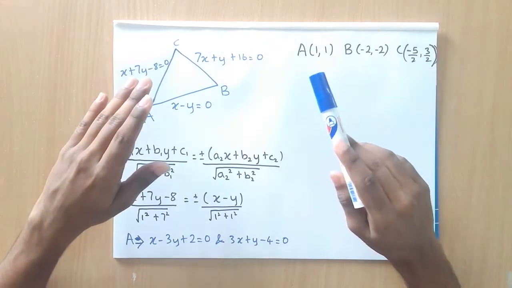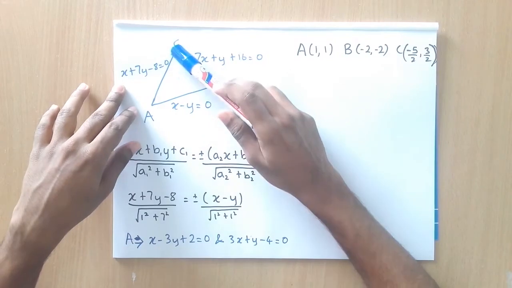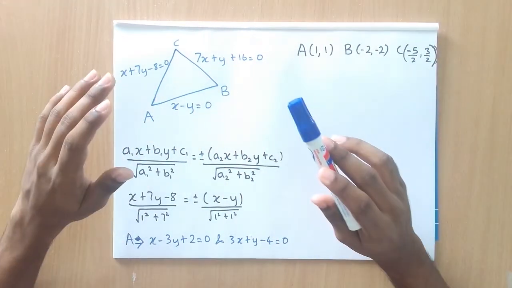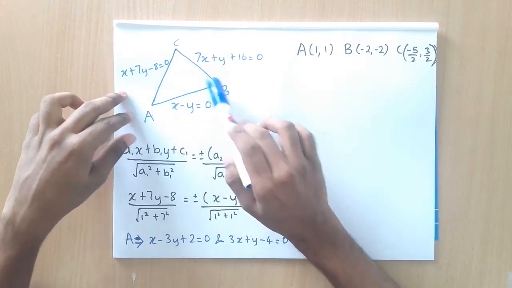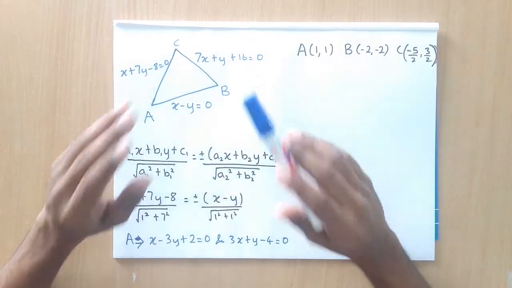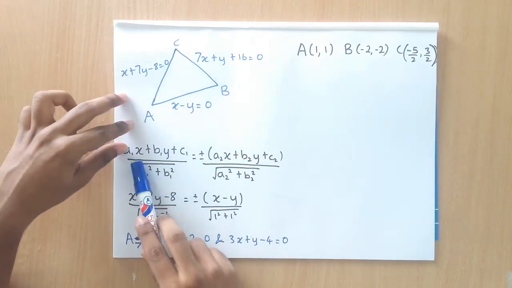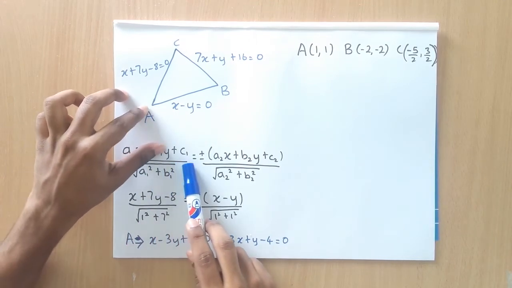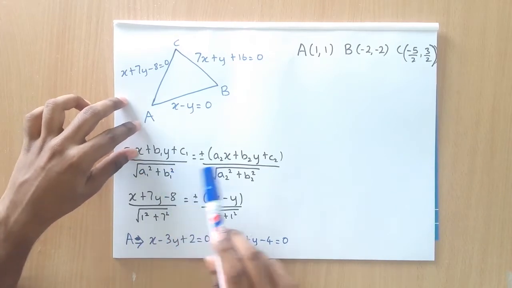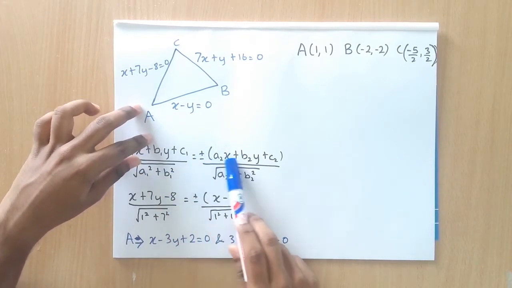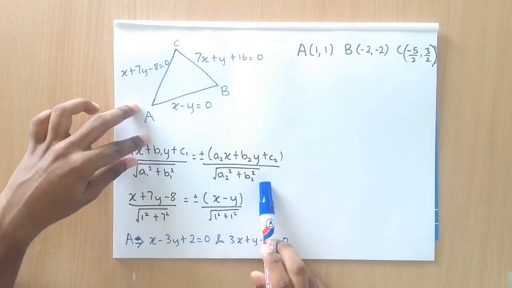The incenter is the point of concurrency of the internal angle bisectors of a triangle. So all we have to do is to find the equation of the internal angle bisectors at A, B and C, and then find the point where they meet each other. So the bisectors at A can be found using the equation (a1x plus b1y plus c1) over square root of (a1 squared plus b1 squared) equals plus or minus (a2x plus b2y plus c2) over square root of (a2 squared plus b2 squared).